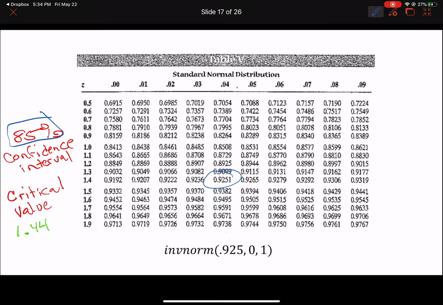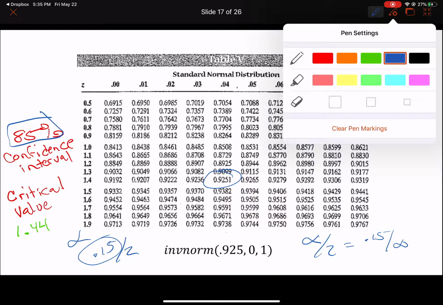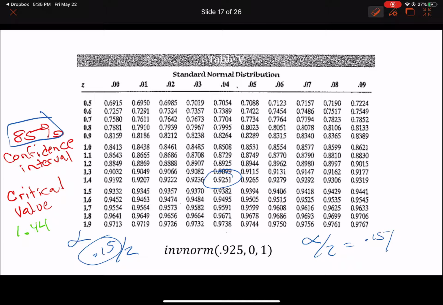Just remember that difference, that 0.15, you have to divide it in half. This right here is my alpha, so alpha divided by 2. So we do 0.15 divided by 2.